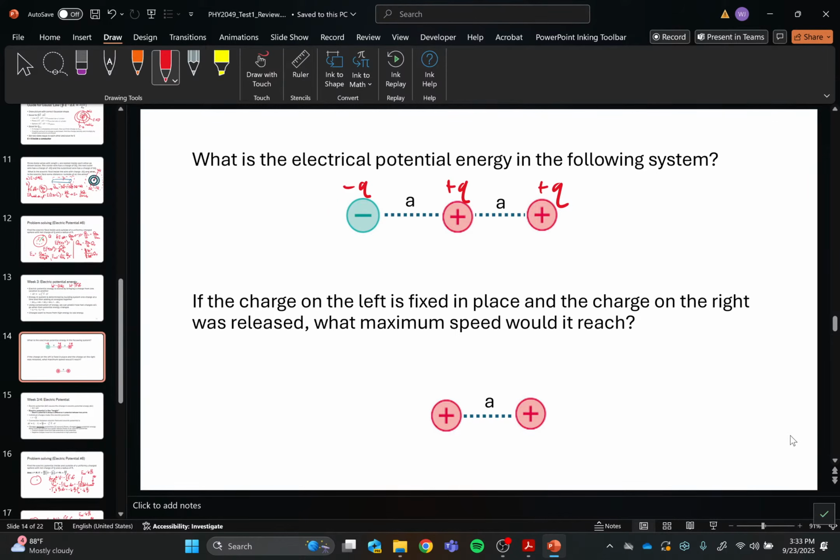All right, so just try the first one for now. I had to make the second one simpler to avoid complications. Remember the technique. Bring one charge in, then bring another charge in, then bring another charge in, then add them all up.